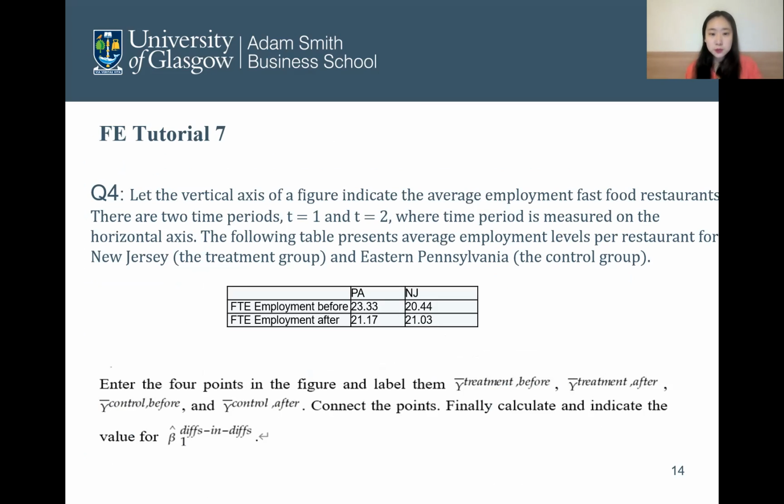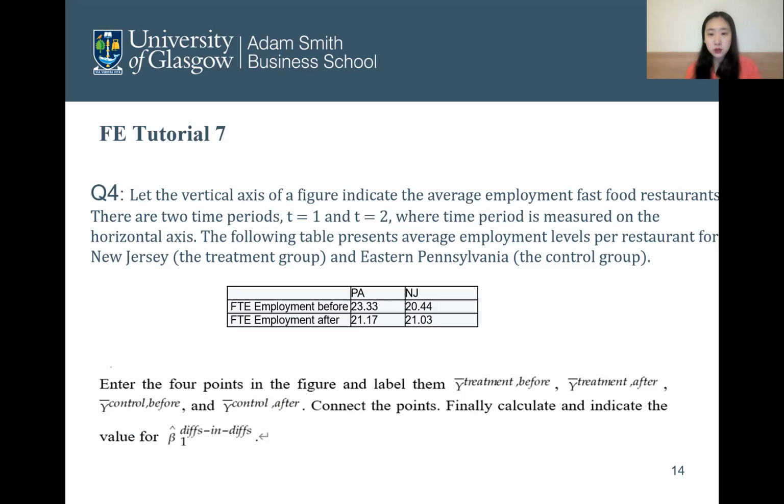There are two time periods, T1 and T2: the first one is T equals 1 and the second one is T equals 2, where the time period is measured on the horizontal axis.